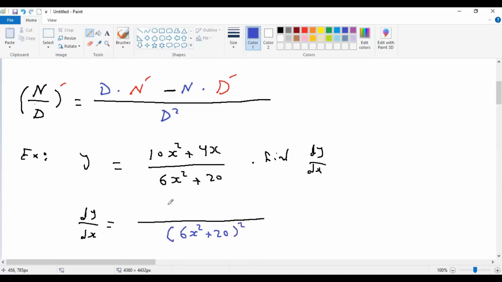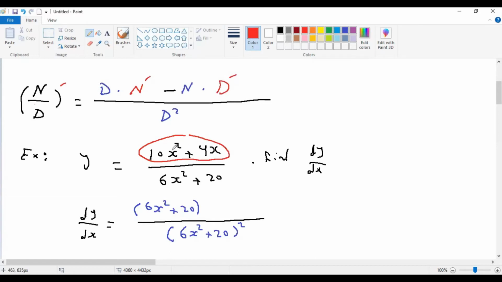Now look at the rule: the denominator, 6x squared plus 20, multiplied by N prime, the derivative of the numerator. The numerator is 10x squared plus 4x.